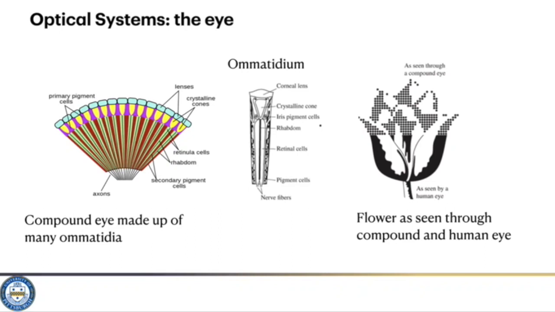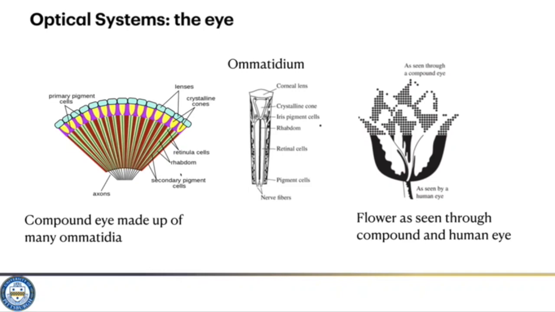And these retinular cells and pigments allow for one pixel of the image to be resolved. So basically, you can think of a compound eye as having many different small pixels, each of them resolving one portion of an image and conveying that information down into these nerve cells, which are then wired into the nervous system of the insect.